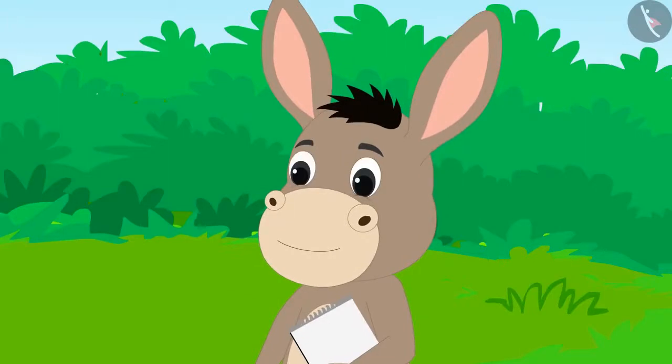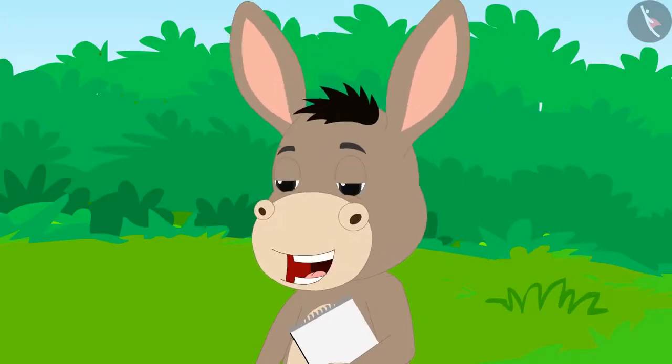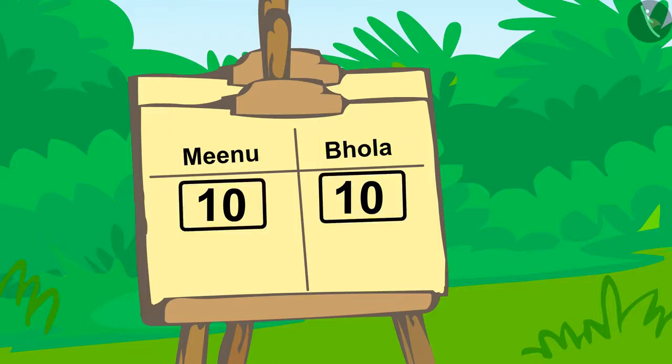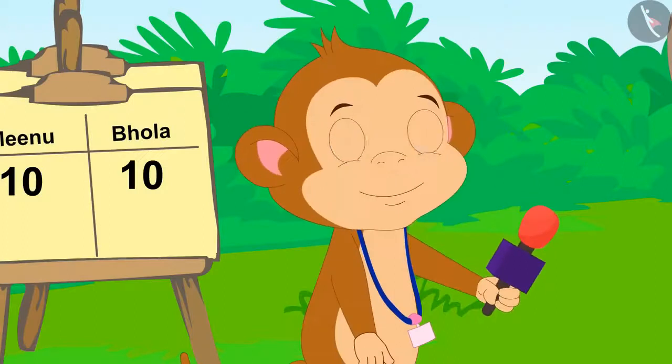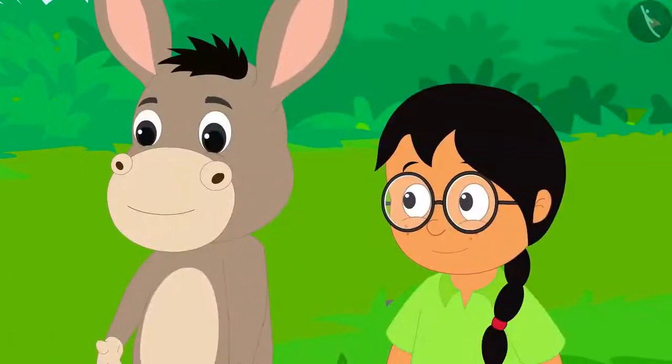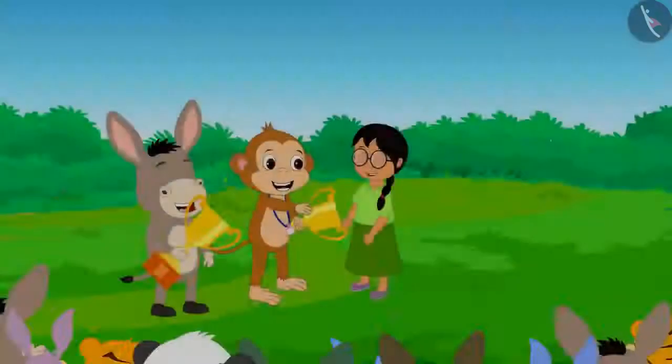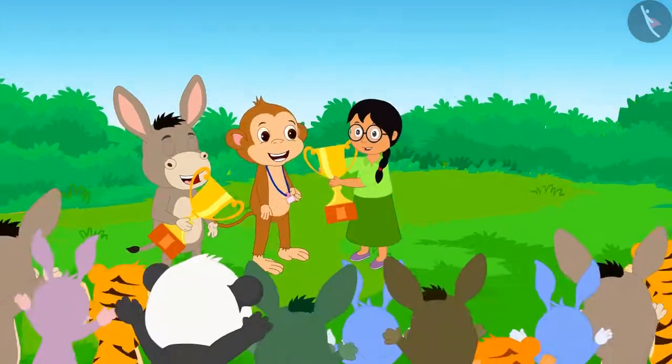This time, Bhola correctly identified the rule of number pattern and won 10 points. Meenu and Bhola have scored equal points. Babban declared both Bhola and Meenu the winner of the competition and gave them the winning trophy.